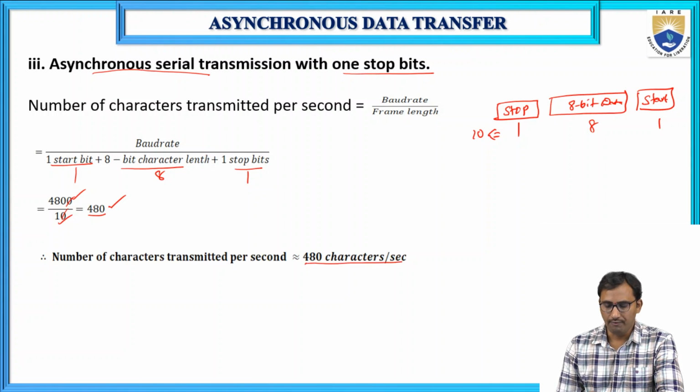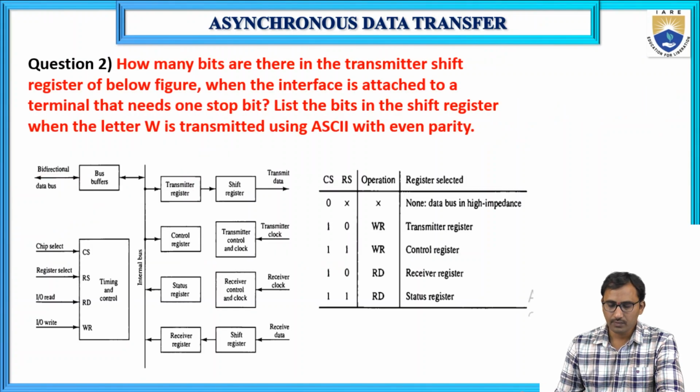So in this way, we can find the number of characters transmitted per second in both synchronous and asynchronous data transfer. Coming to the second question: how many bits are there in the transmitter shift register of the below figure, when the interface is attached to a terminal that needs one stop bit?